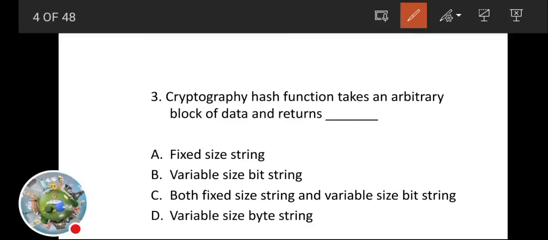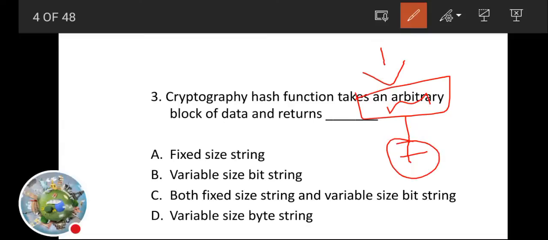Remember the hashing concept. You can give input of any size. The hash algorithm takes your message and appends it with the hashing algorithm, and it will produce output with what size?